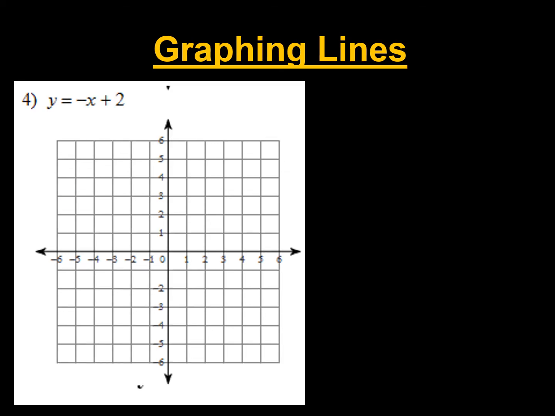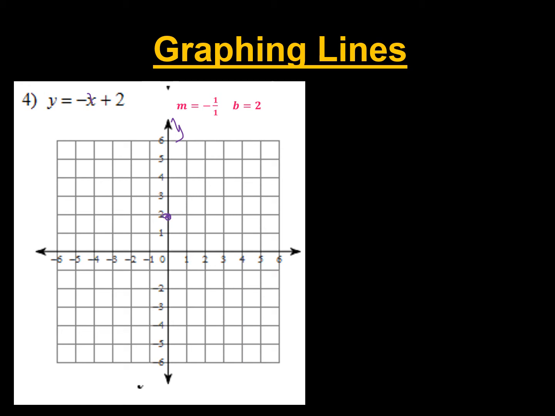Okay, going to number 4. Okay, I want to pick out my slope and my y-intercept. My slope is -1/1. So remember, this is a -1, and then I want to make it a fraction. My y-intercept is 2. Okay, so going to the y-axis here, I'm going to plot my y-intercept at 2.